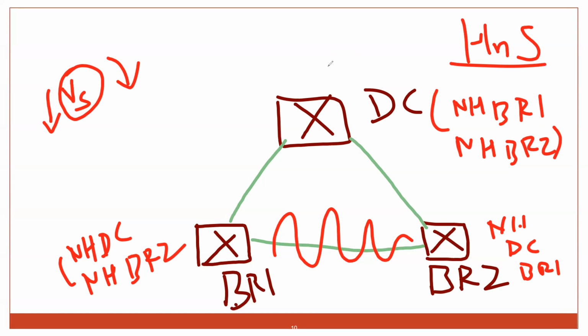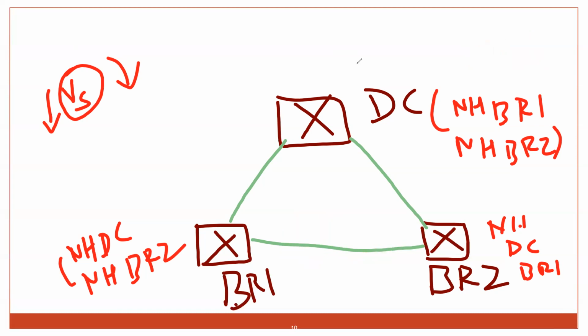Now how can we achieve this target? We can achieve this target by blocking this T-lock information. So we can go to vSmart and tell vSmart: branch 1, do not send the branch 2 T-lock.